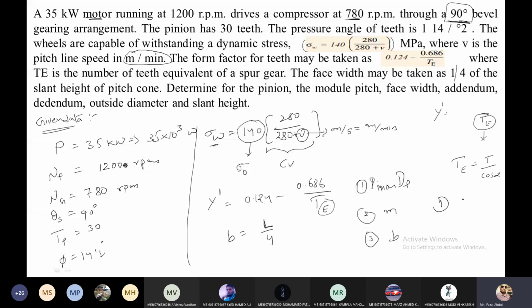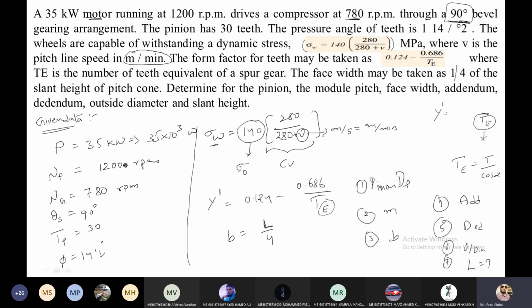Fourth one is the addendum. Fifth one is the dedendum. And the sixth one is the outside diameter. And the seventh one is the slant height, capital L, how much? These are all the parameters asked to calculate in this question.